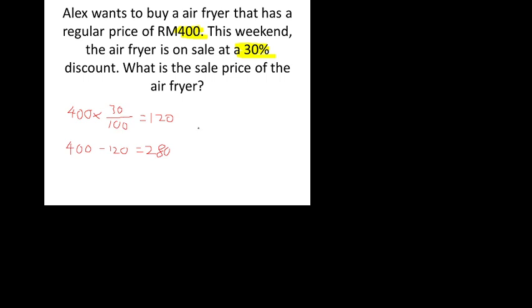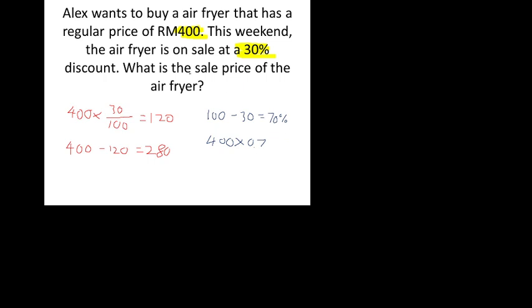Now what if you don't like this method, you want to do another method, also can. 30% means how much you need to pay? You need to pay 100 minus 30, which is 70%. So you only need to pay 70% of the cost. So you do 400 times 0.7.